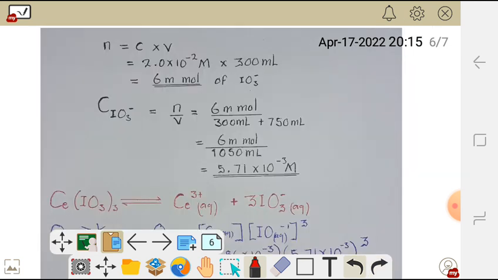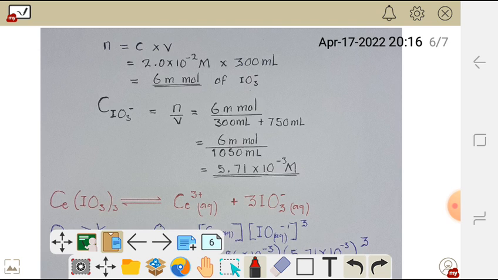The number of moles is given by concentration multiplied by volume. The concentration of potassium iodate was 2.0 × 10^-2 molar, multiplied by 300 mL before it was added. When you multiply these two, you find 6 millimole of iodate.